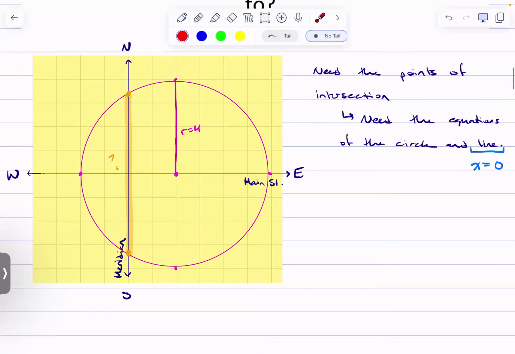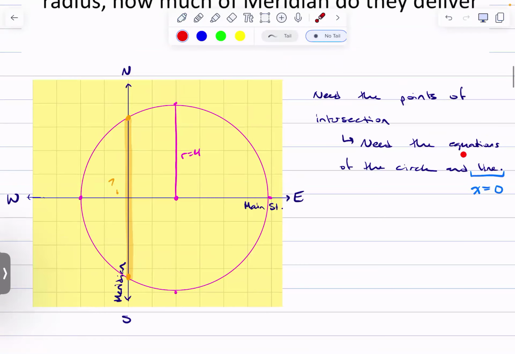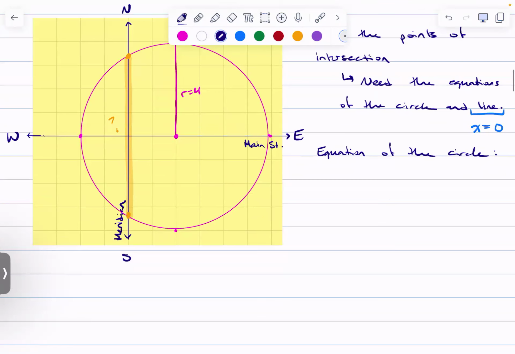So I still need the equation of the circle. And so the equation of the circle is going to be (x minus h) squared plus (y minus k) squared is equal to r squared.